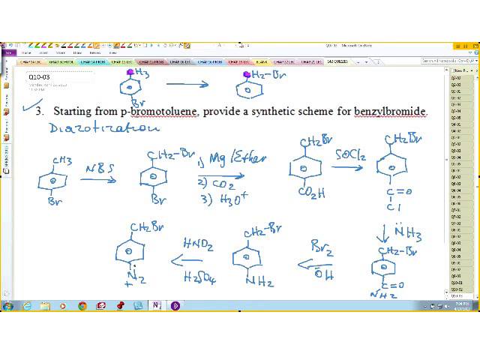Okay, so you form your diazonium ion. Then you want to use hypophosphorus acid, right? Hypophosphorus acid. That is this here. Okay, and that will remove the diazonium ion.